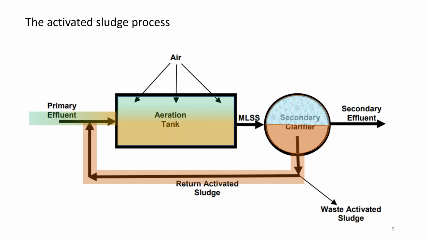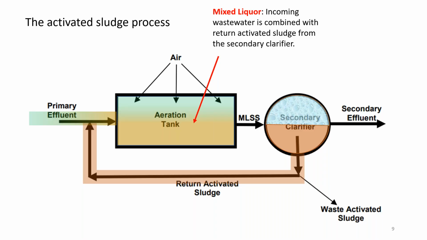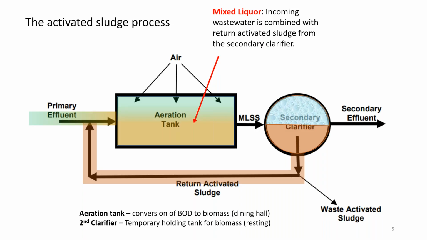And these microorganisms are circulated back to the influent, and together the incoming waste with the return activated sludge creates what we call a mixed liquor. So we have mixed liquor suspended solids, which is a combination of the activated sludge microorganisms that were settled out in the clarifier and the incoming waste. So you have the eaters and the food coming together in that aeration tank.